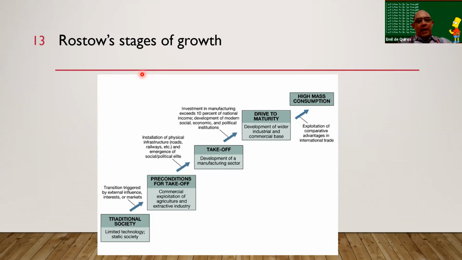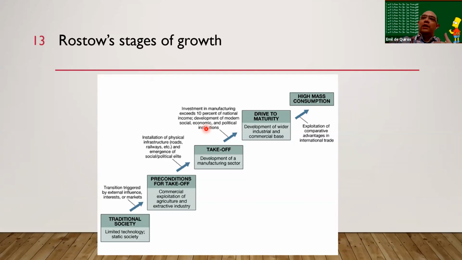Okay? So they're saying if 10% or more of that pie is devoted to manufacturing and people start producing more, people start to earn more, social classes emerge, more people have money to invest in manufacturing, durable goods, then you can reach the fourth stage, which is the drive to maturity. So now the narrow manufacturing sector expands and diversifies.